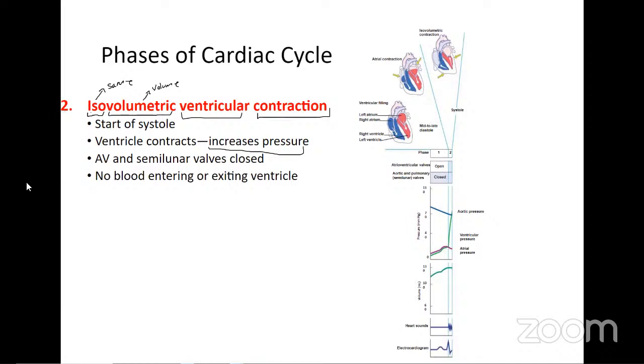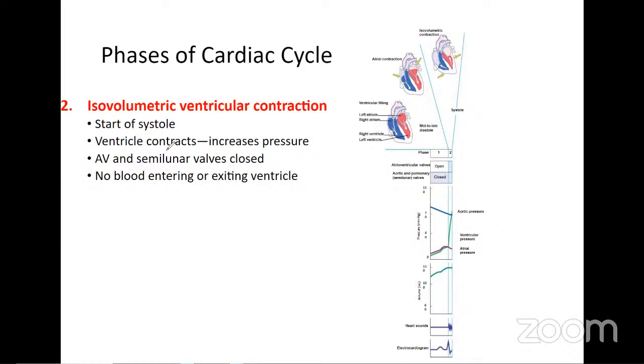So in order to have this happen, we have to have a closed chamber. If any of our valves were open and you squeeze, you have a door open, you have a valve open. Think about squeezing a balloon. If you have a hole, that blood would escape out the hole. It would stop the pressure from rising all that much.